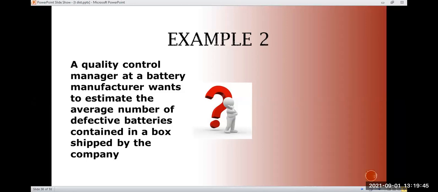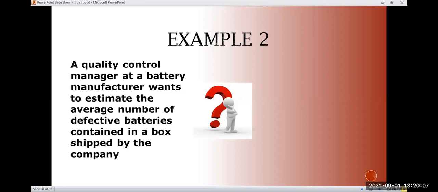Here we want a very specific quantity of defective batteries. We are not talking about the proportion or the percentage; we are talking about the exact average number of defective batteries per box manufactured.